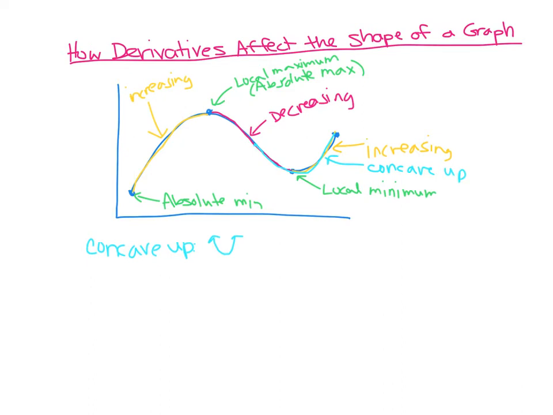And the opposite of concave up is concave down. So concave down is going to look like an upside down parabola. Looks just kind of like that. And you'll notice that this graph has a downward concavity right here.